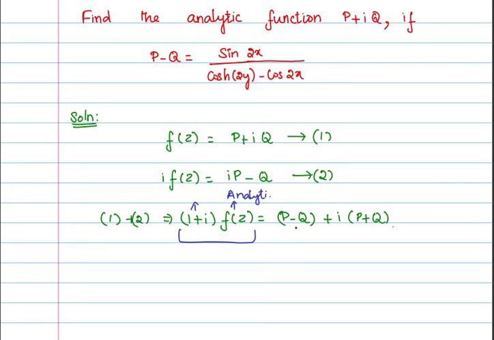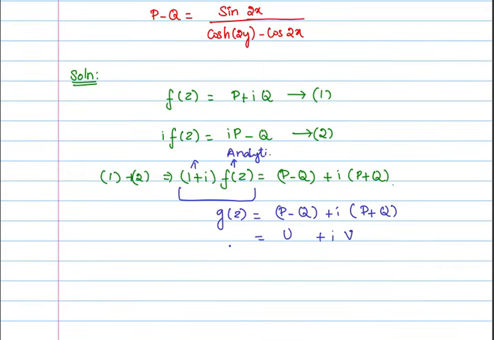So this whole function you consider as some g of z, equal to P minus Q plus i times P plus Q. You take P minus Q as U, and P plus Q as V. So this is my g of z. Clearly g of z is analytic.